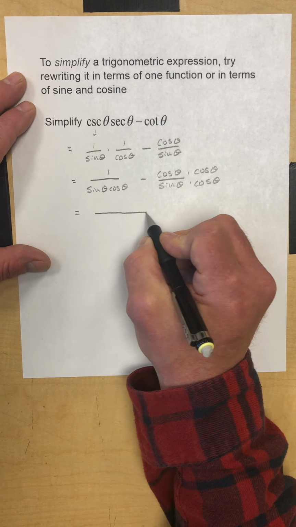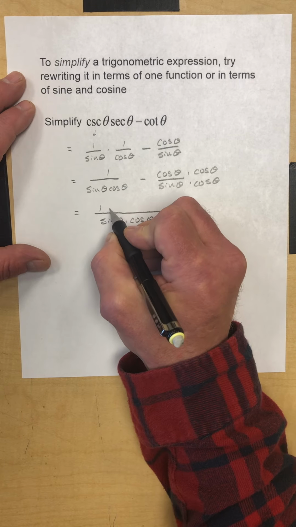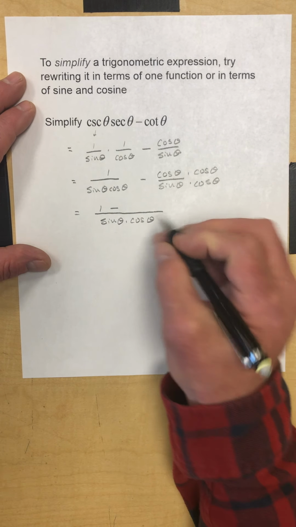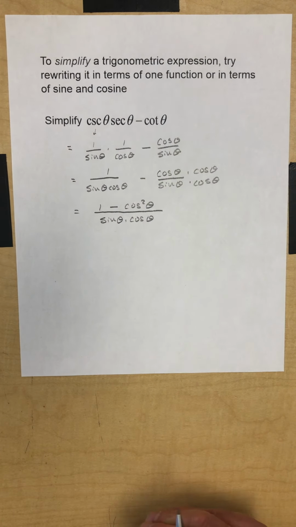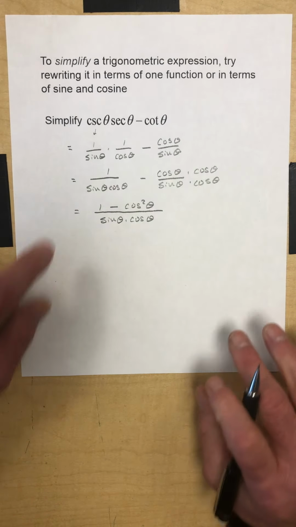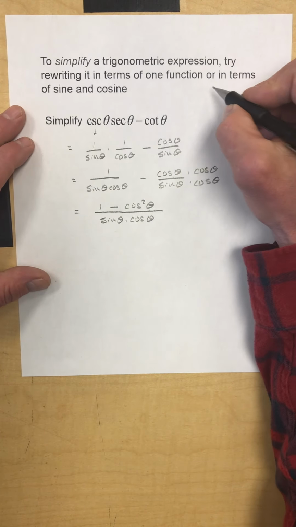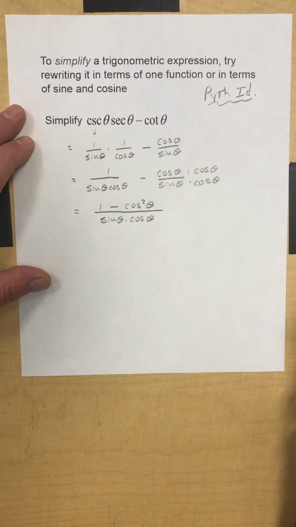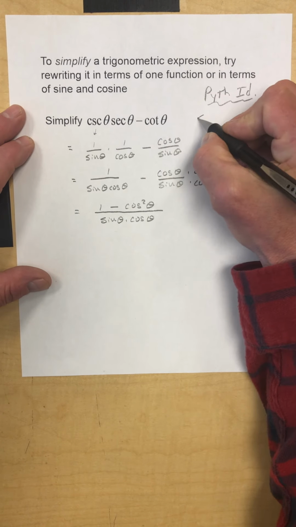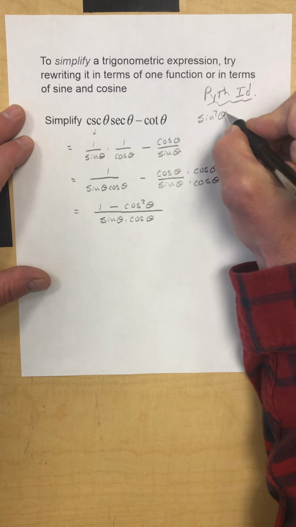And let's see, up above I would have a 1 from here, 1 minus cosine times cosine is cosine squared of theta. Now I take a look at that numerator, and we go back to our Pythagorean identities. The most important Pythagorean identity is sine squared theta plus cosine squared theta equals 1.